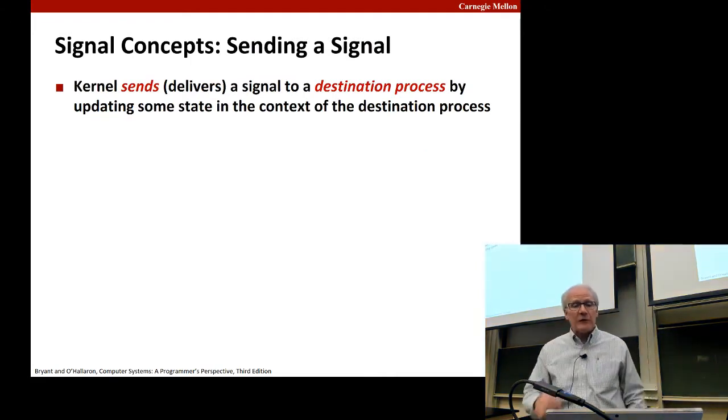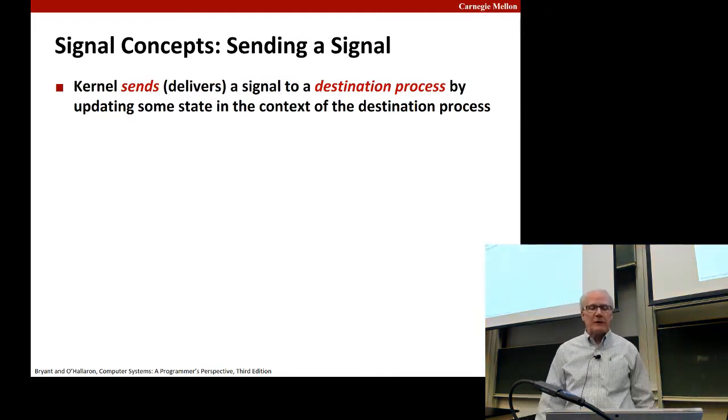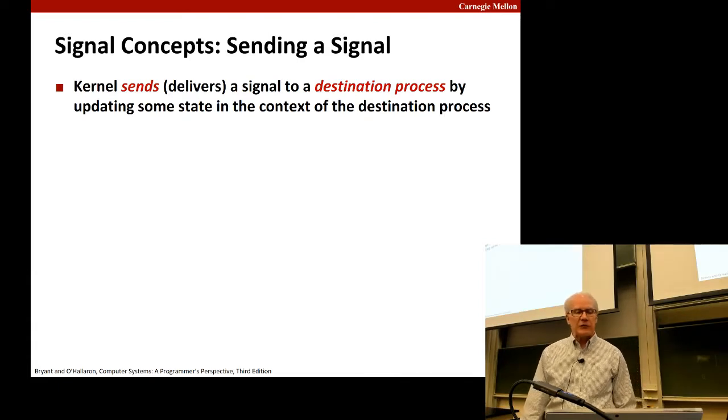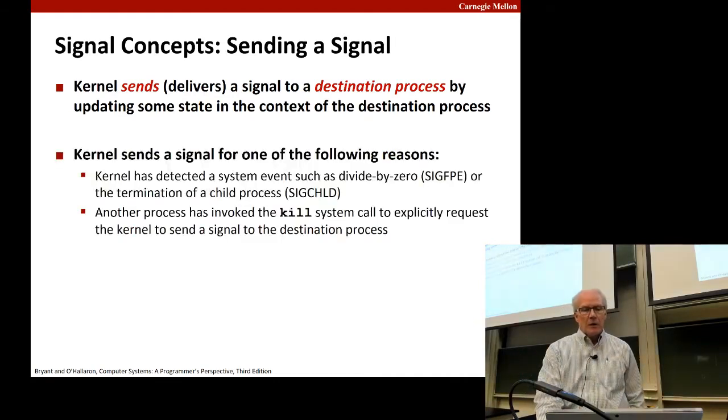So just some terminology. We say that the kernel is actually the one that does the work of signals. And it delivers the signal to a destination by basically setting a bit in some field that says you have a signal of this type. And so signals can happen in various ways.